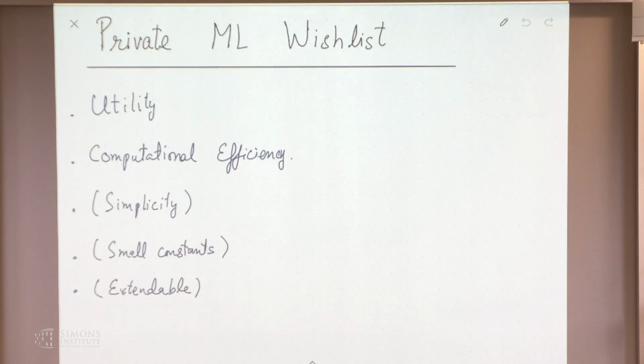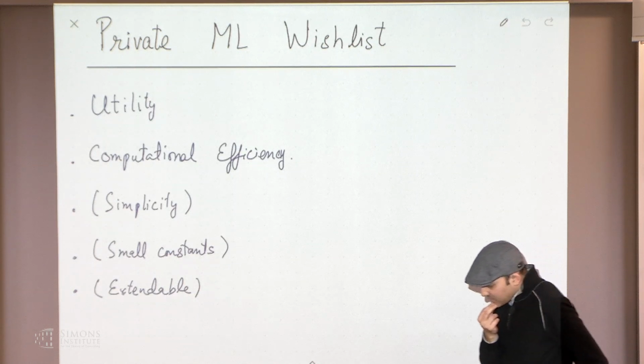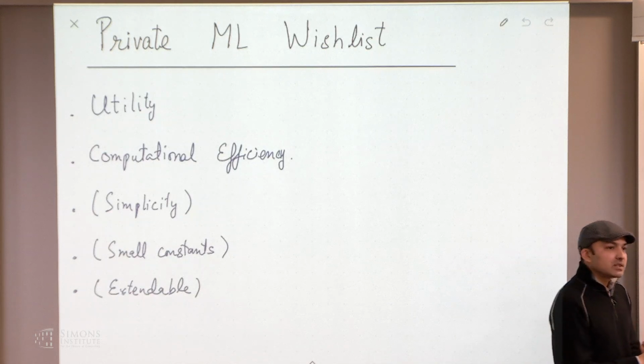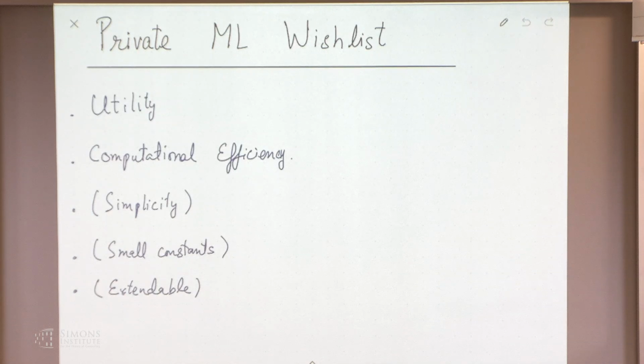So this is a nice algorithm because here we were able to do many things. We were able to prove strong utility bounds for the algorithm. If we want to do differentially private machine learning, we want to be able to say that the privacy does not come at a large cost. And if we can quantify that, that's very appealing.